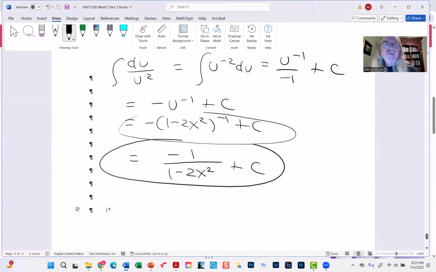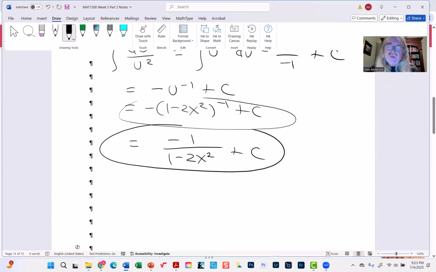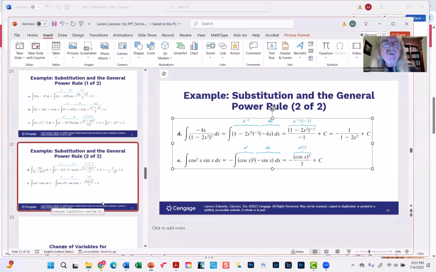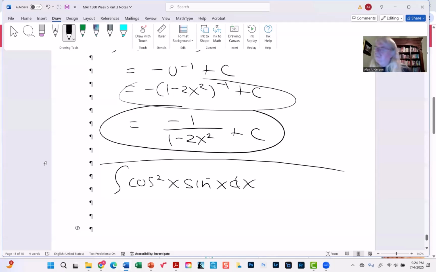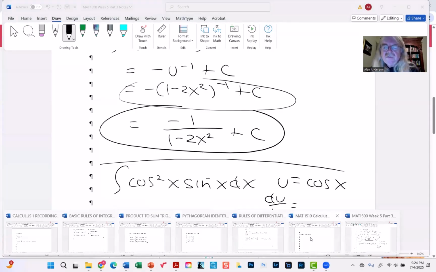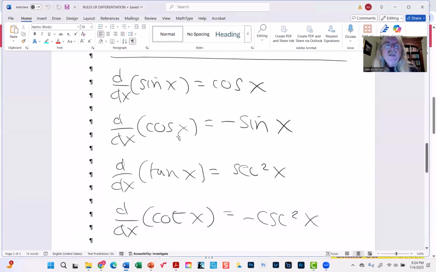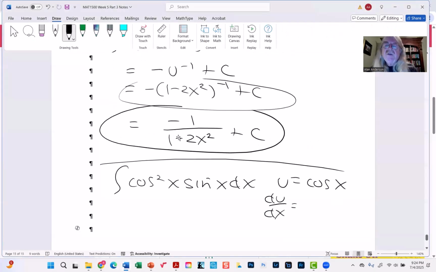Now to do these, you do have to know the trig derivatives very well, or else of course look them up in our table. We have the integral of cosine squared x sine x. Now, because the cosine is squared, let's try u equals cosine x. So based on the table, the derivative of the cosine of x is the negative sine, and we don't have that.